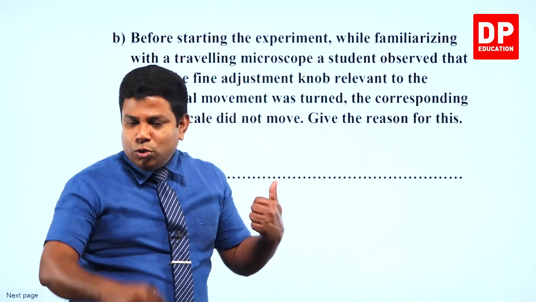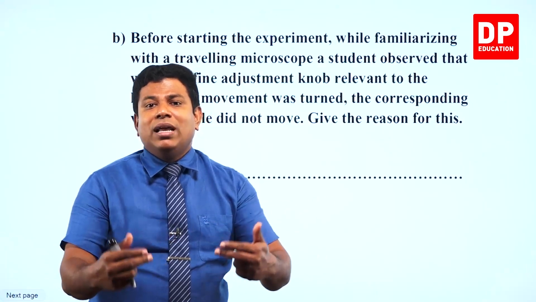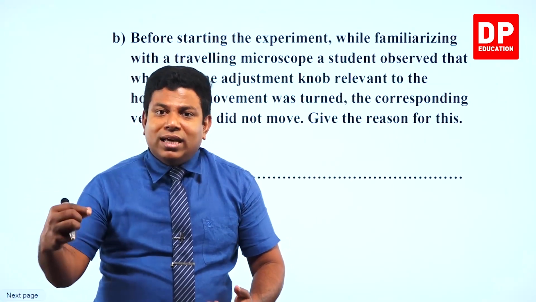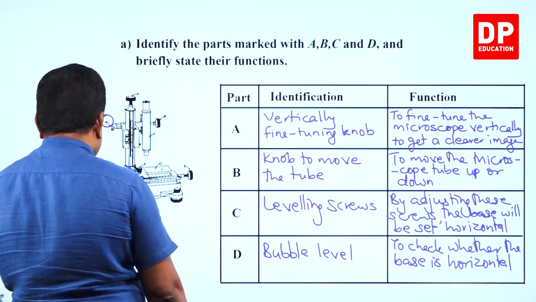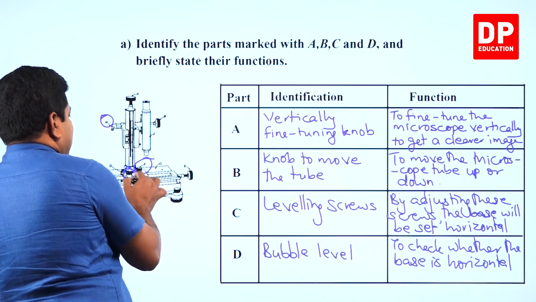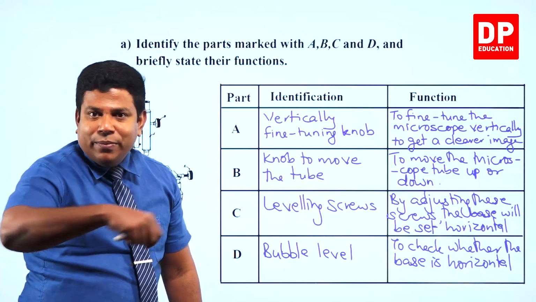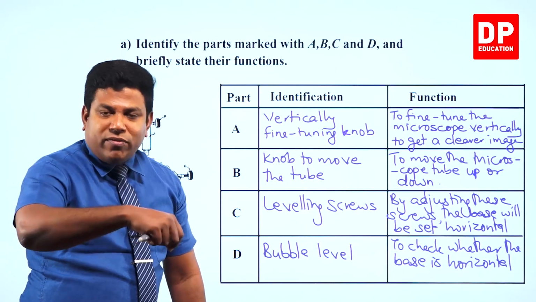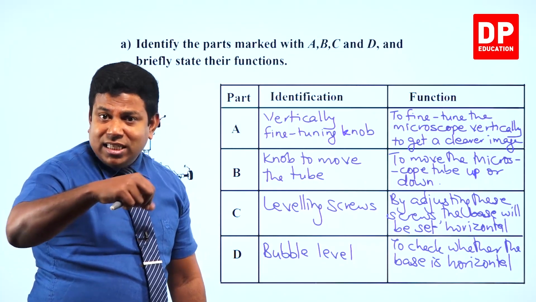So that's the reason you rotated the fine-tuning screw, still you didn't see any movement, because you did not lock the other screw. What's the name for the other screw in the diagram? See F. This is that screw. You loosen that and move it freely. Then once you have come to the approximate position, tighten it, lock it, and then adjust with the fine-tuning.